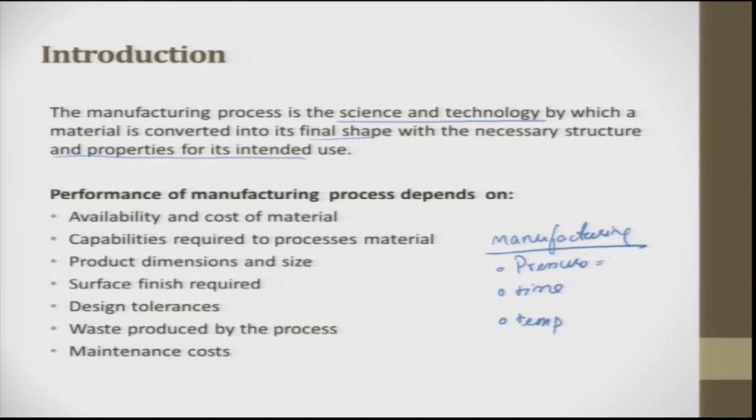If I want to convert pressure, I can write it as force per unit area. Now, in any manufacturing process, these are the three major parameters which dictate the efficiency of the process or the output product. It can be all three involved, or only one involved, or a combination of two involved.